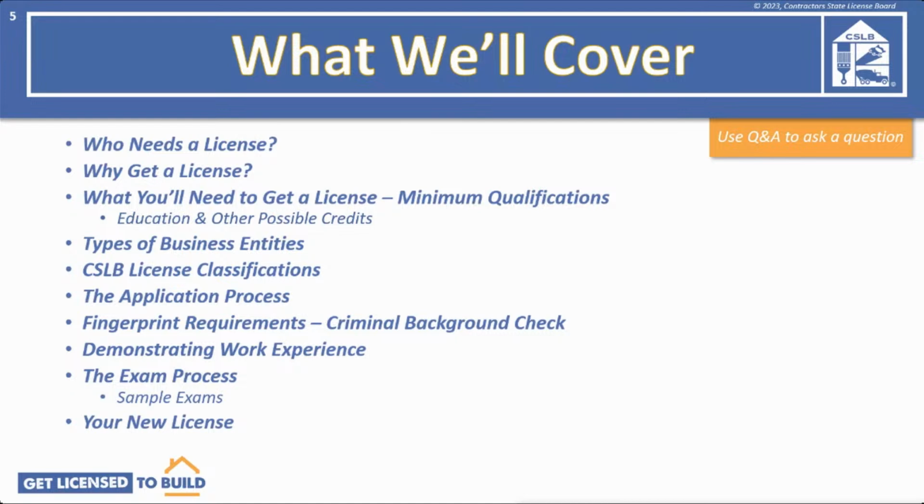We will spend a lot of time giving you tips on how to help fill out your applications, including how to demonstrate your work experience to meet the minimum qualifications. Fingerprint requirements for a criminal background check. We will help you get ready for the exam or exams you'll need to pass in order to get your license. And finally, the other things you'll need to have in place before your license is issued, things like a bond and insurance. First, we'll look at who needs a license.